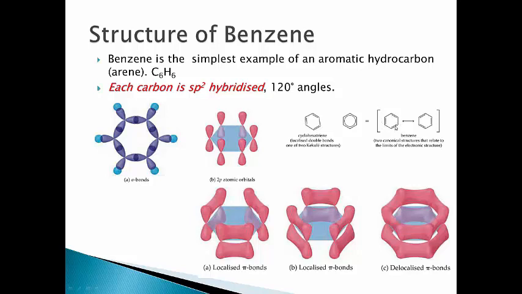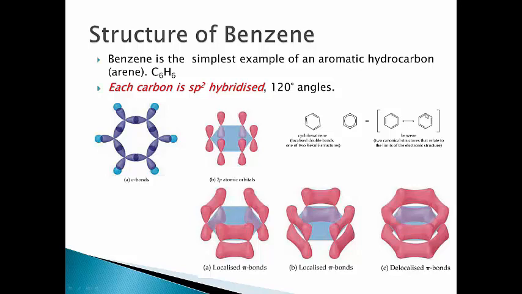So we've got our 6 carbons, our 6 hydrogens, and we've got our double, single, double, single, double, single. We can have the double, single, double, single, double, single like this, or we could have them like this. So there is a subtle difference between these 2 structures. If I count this as carbon 1, 2, 3, 4, 5, 6, we have a single bond between 1 and 2, a double bond between 2 and 3, a single bond between 3 and 4, a double bond between 4 and 5, a single bond between 5 and 6, and a double bond between 6 and 1.